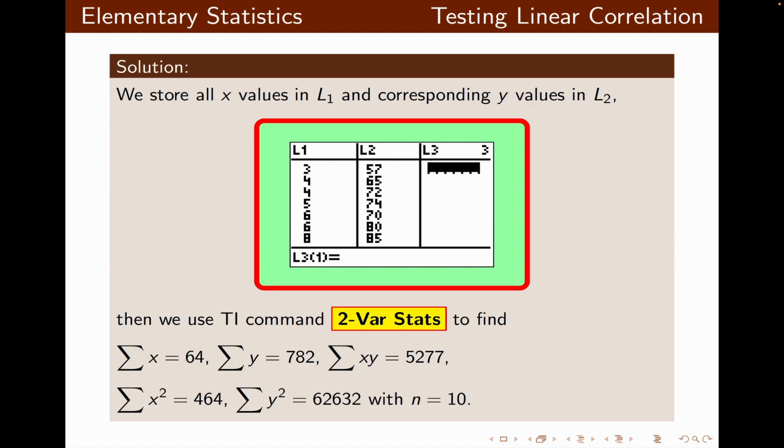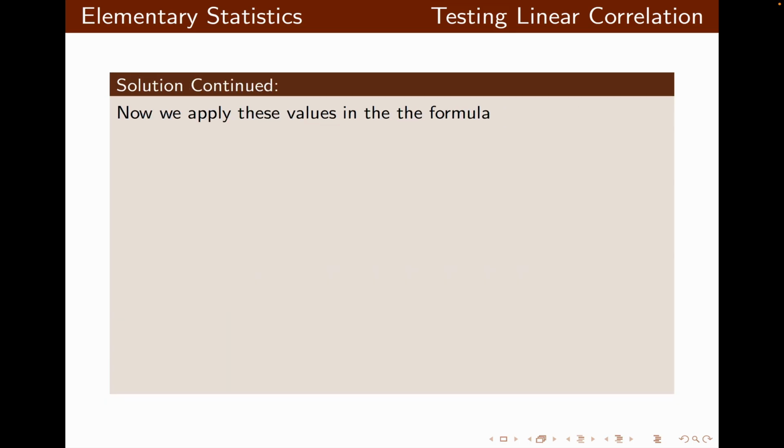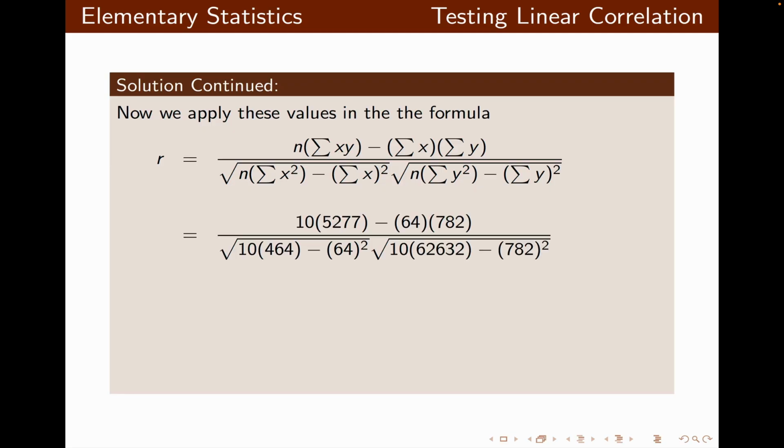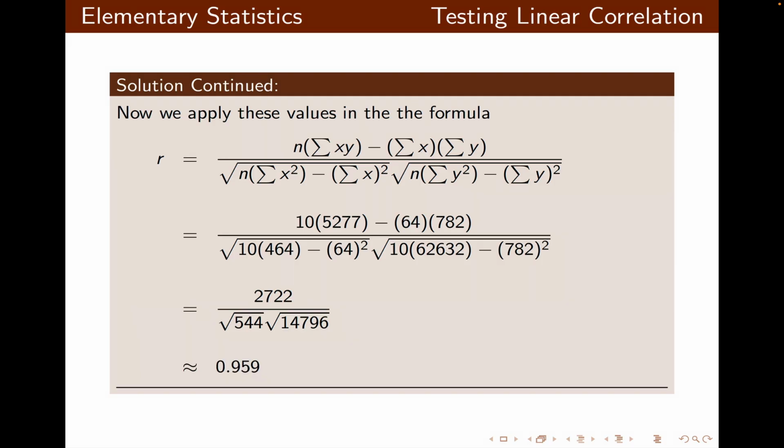In this example, as we mentioned earlier, n was equal to 10. Now we're going to apply these values in the formula for r. We do it piece by piece. And finally, r in 3 decimals is approximately 0.959, which is very close to 1.